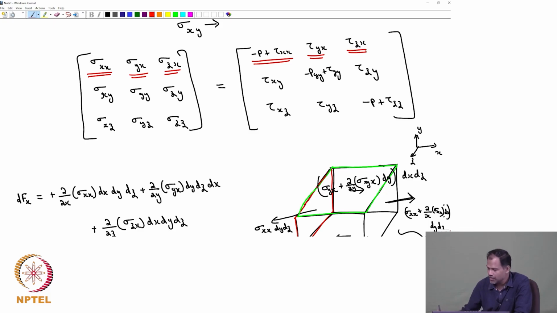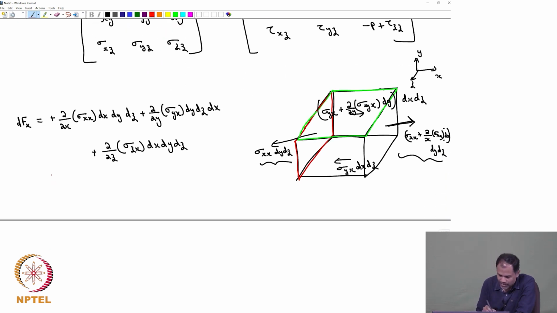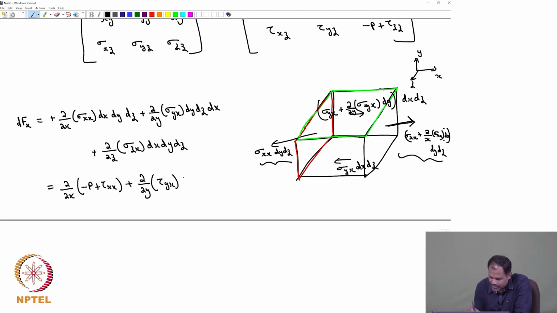So, we can actually use that fact and simplify this further to write it as del by del x of minus p plus tau xx, plus del by del y of tau yx, plus del by del z of tau zx, times dx dy dz.